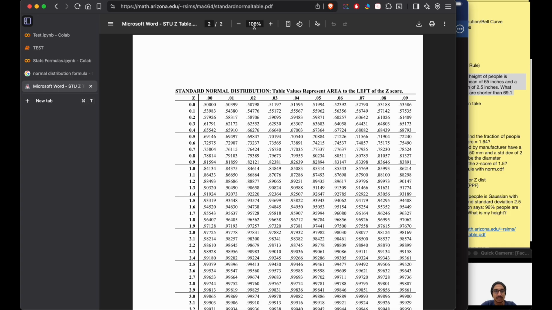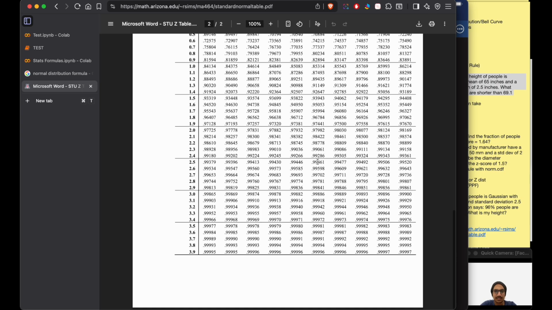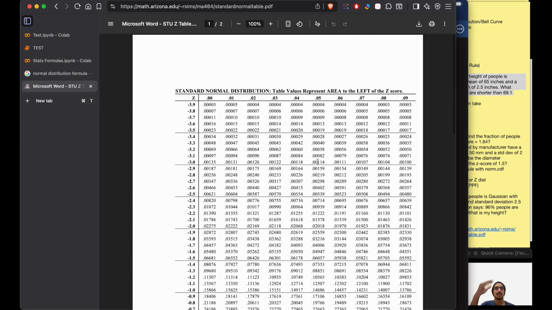And this is the z-score table. I'll put this in the video description anyway. You don't have to worry about that, or you can just check this link out. These are all the computed probabilities for all types of normal distributions.